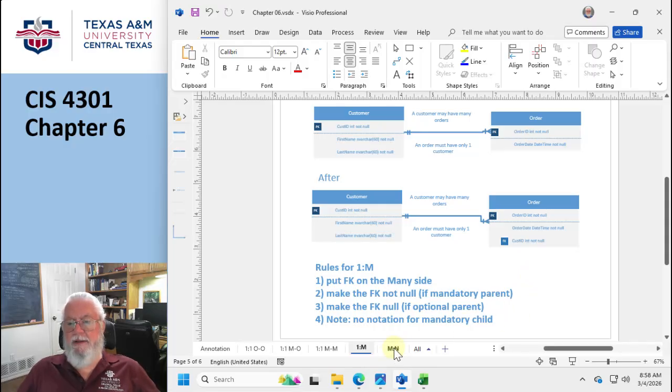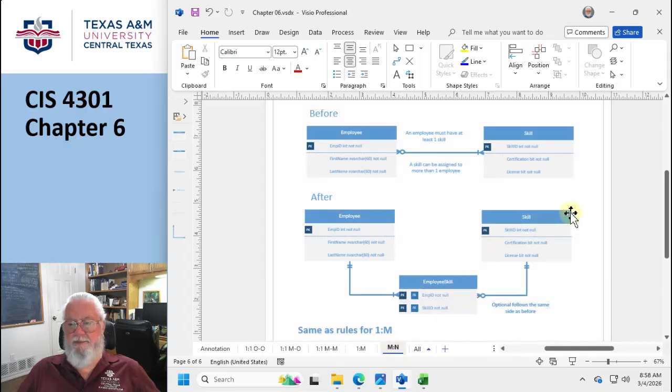Okay, so the last one is actually kind of easy too, because we've seen intersection tables before. So an employee has one or more skills, and a skill should have more than one employee, but it's possible that we don't have any and we have to recruit for some, right? So that kind of makes sense. Afterwards, we're just going to have a one-to-many, and this is the exact same thing as the one-to-many.